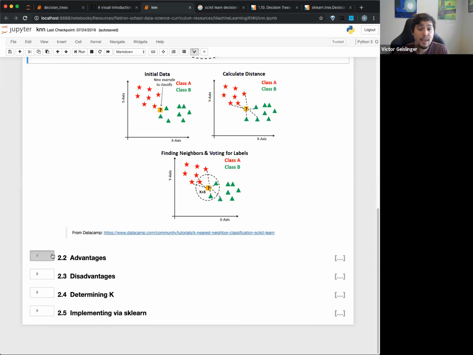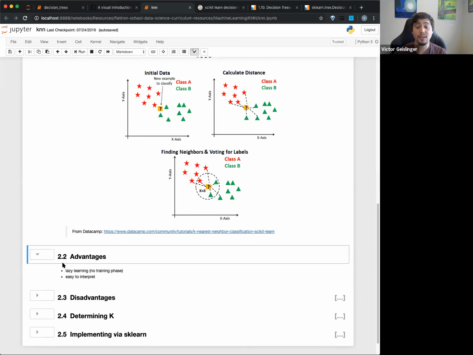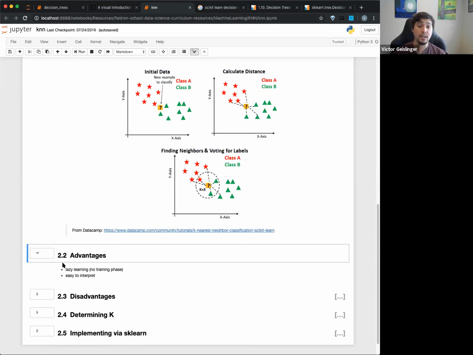So a really nice advantage of this is that it's super easy to make it learn. There's no training phase. The training is the data itself. You don't have to go through a whole process of training it, iterating over and over like a decision tree or any other machine learning algorithm. So it's super easy to implement, and it's also easy to interpret.